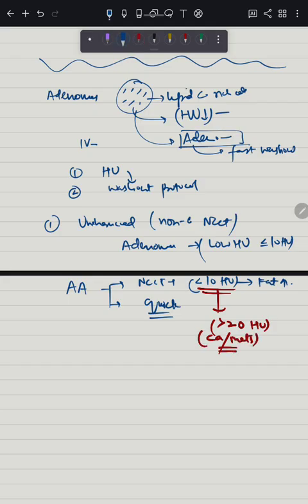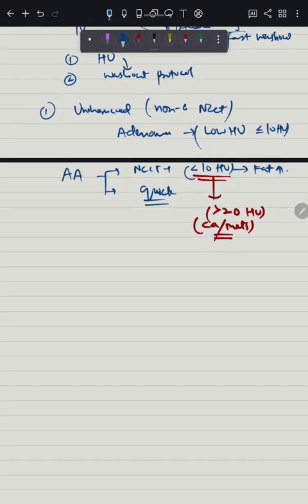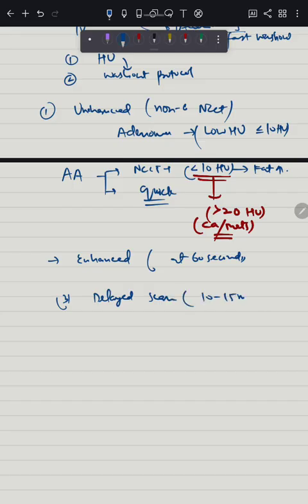Now when we see the enhanced film, that is with contrast at 60 seconds, we measure attenuation in Hounsfield units, and then we have the third thing, that is the delayed scan, 10 to 15 minutes later. So three things that we have.